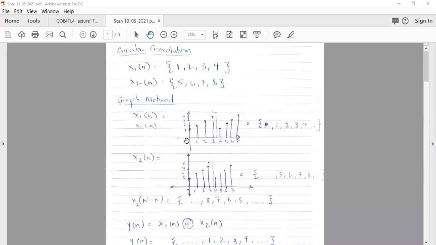So I've drawn the graph, x1 of n, which is 1, 2, 3, 4. The first 4 points are the initial sequence, while the others are just the periodic part. It's just a repetition after the initial sequence.